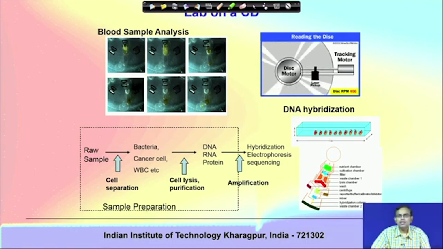So, for doing cell lysis, CD can be used as a platform. So, starting from the raw sample to cell separation to cell lysis to DNA RNA amplification, hybridization or electrophoretic sequencing, all these processes together can be done on a single CD based microfluidic platform.